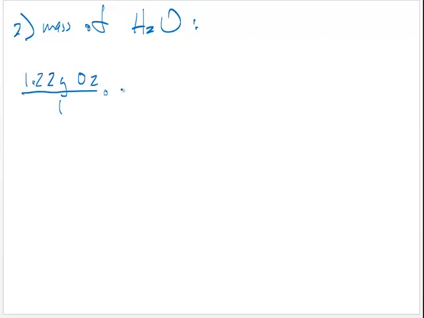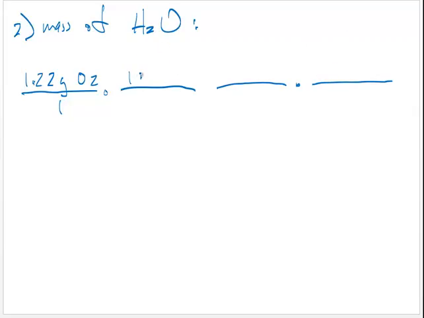So the mass of water that can be made, we set that up by taking 1.22 grams of oxygen. Put that over 1, and then we're going to convert that to moles, and then we're going to do the mole to mole conversion between oxygen and water, and then we're going to convert that to grams of water.